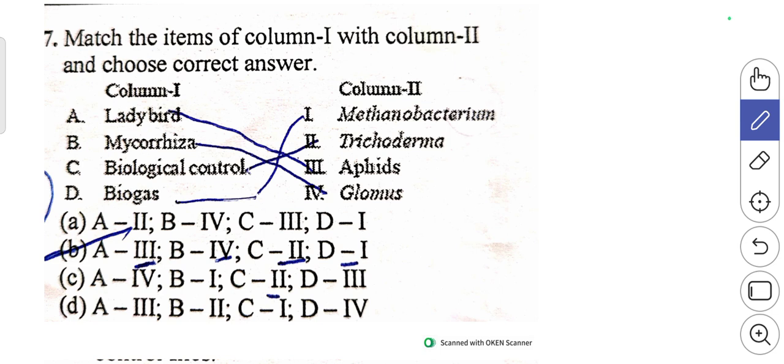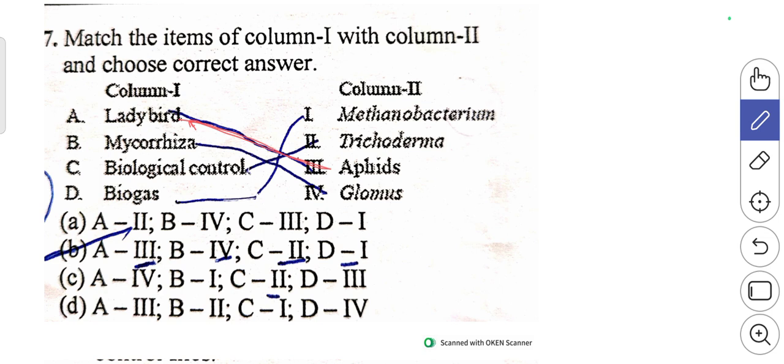These ladybirds directly feed on the insects, that is aphids. These aphids cause damage to rice plants or rice crops. So this ladybird kills aphids. So A3 is the right answer.